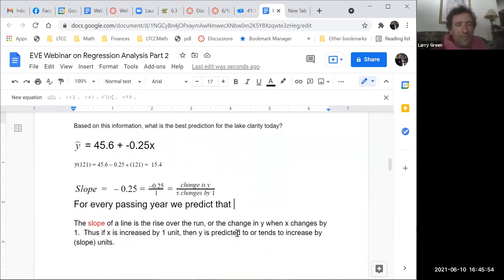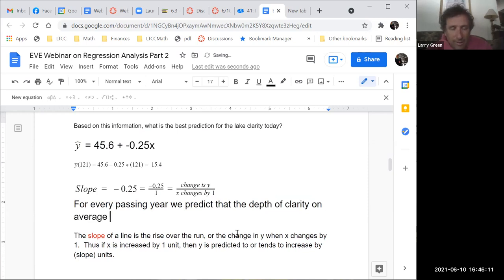And instead of saying the depth will increase by negative, that just sounds weird. We predict that on average, I'm going to write on average because I think it's easier to understand, the depth of clarity goes down, because negative is down, by 0.25 meters.